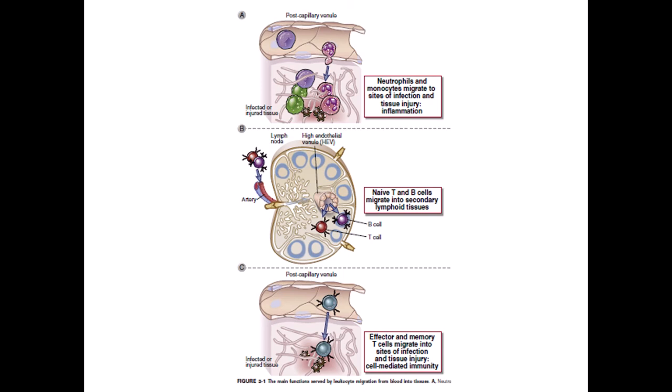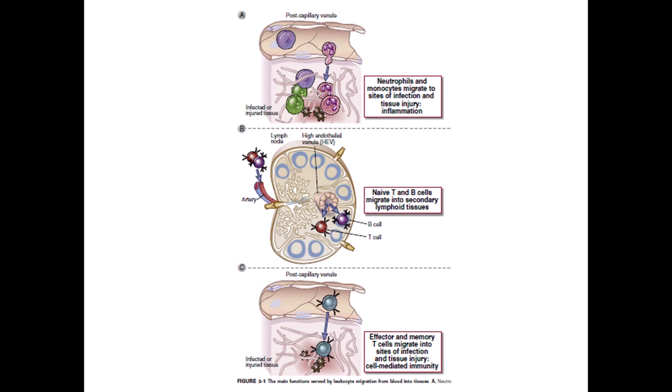For example, the phagocytic cells, macrophages or neutrophils, will migrate into areas of inflammation, while the B and T cells will migrate into the area where antibodies will develop, or to the areas of the effector functions of the cell-mediated immunity. So in each case, it depends on the type of cell where it is going to migrate.